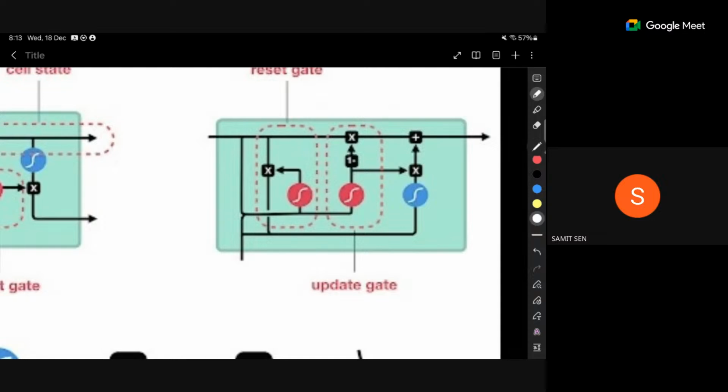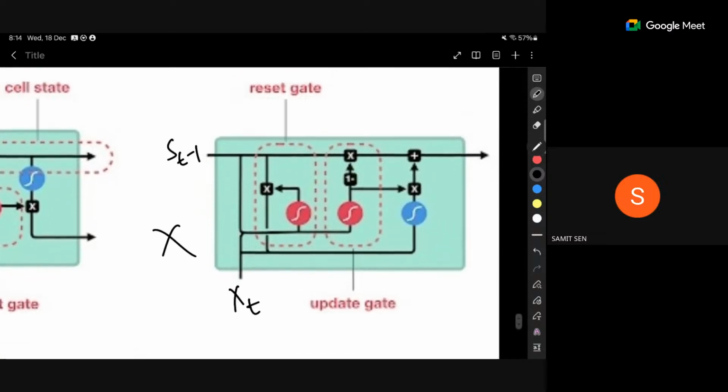We get ST minus 1 and XT. We don't have HT minus 1 now. We have only two kinds of inputs. So we go here and apply sigmoid over it.